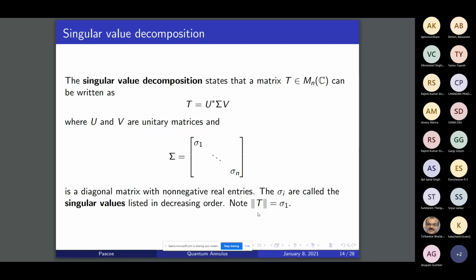And the norm of a matrix is just the maximum of these singular values. If we've ordered them in decreasing order, this is just going to be equal to sigma 1. Here we're viewing C^n as a Hilbert space, which is what n by n matrices over C naturally act on.